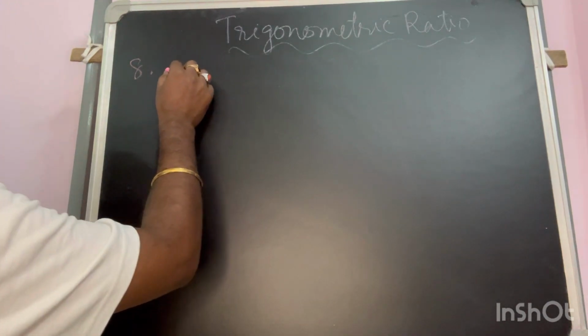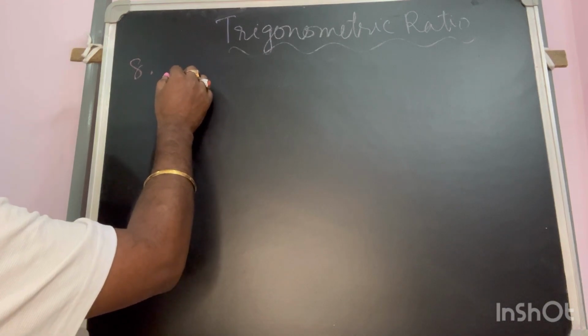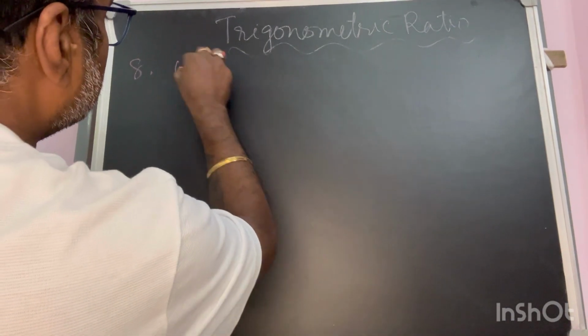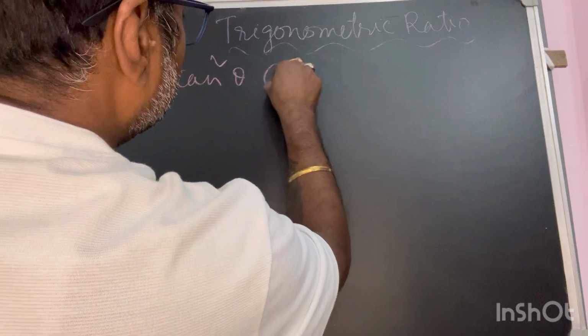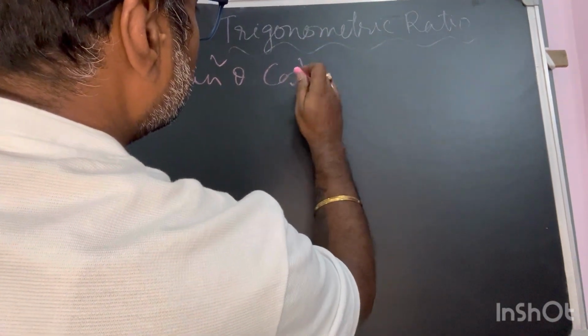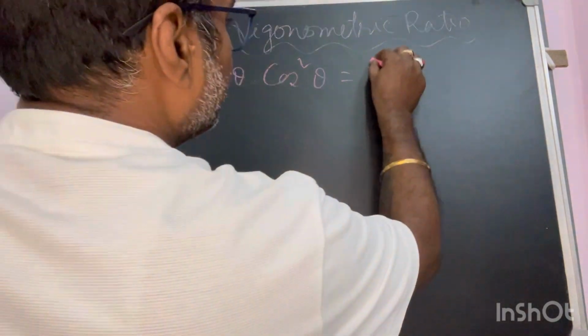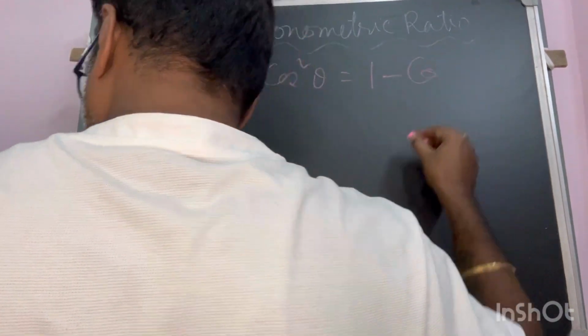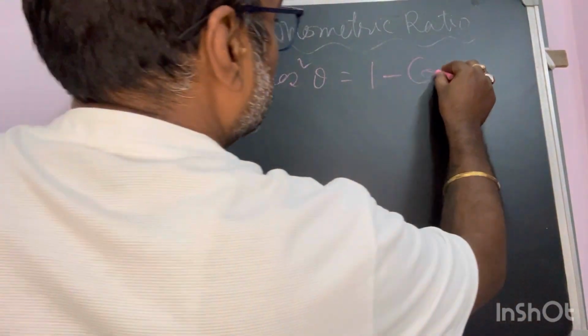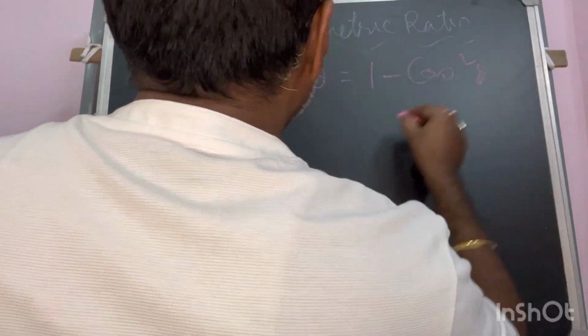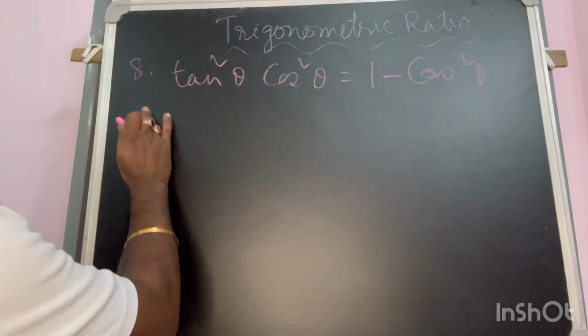The next one is tan square theta into cos square theta. You have to prove it is equal to 1 minus cos square theta. Let me start with the left hand side.